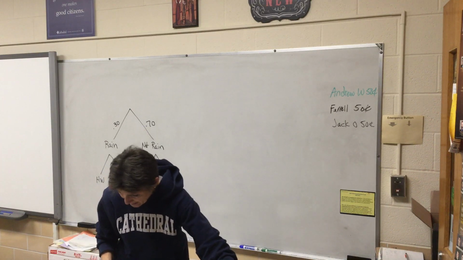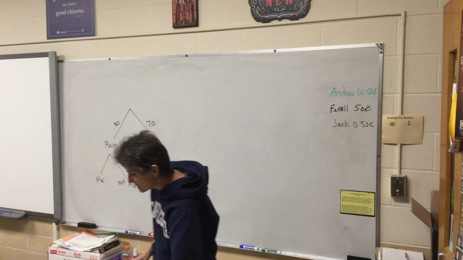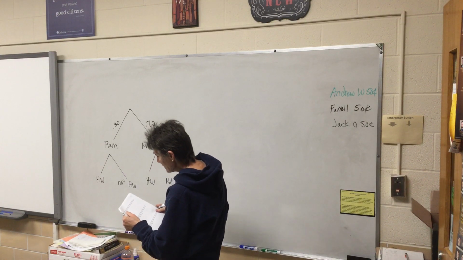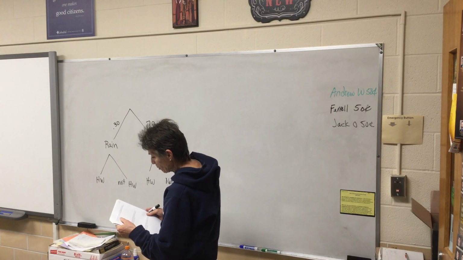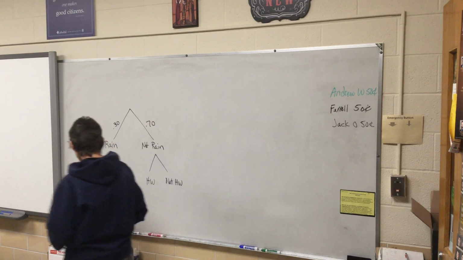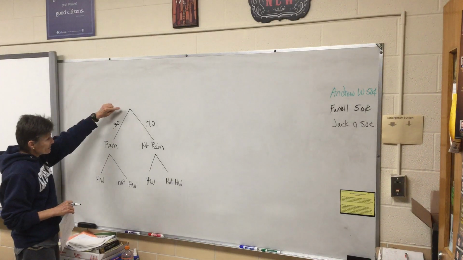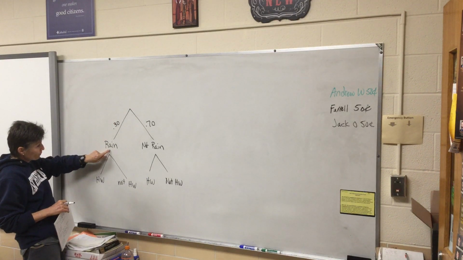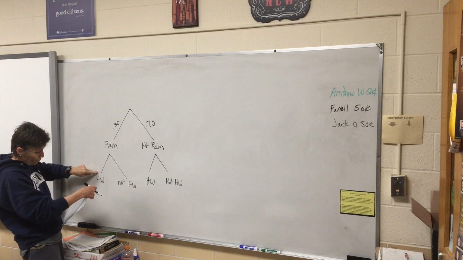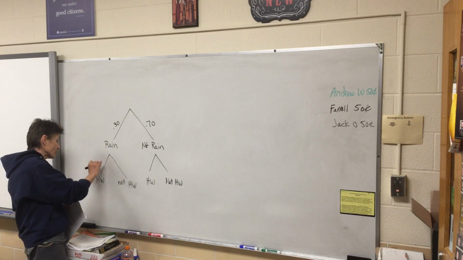Now here's where you really have to be careful and read carefully. If it rains tomorrow, the probability that Joe will do his homework is 40%. So this is the branch for rain, and he's going to do his homework on this branch 40% of the time.